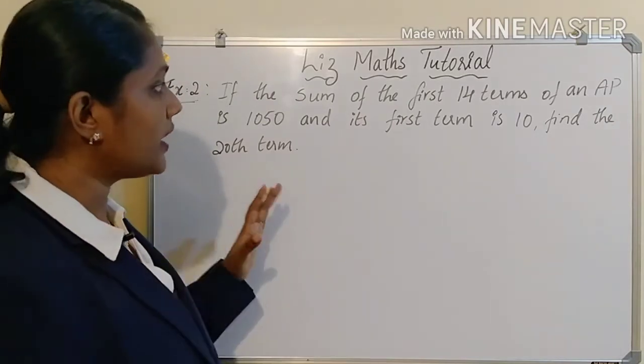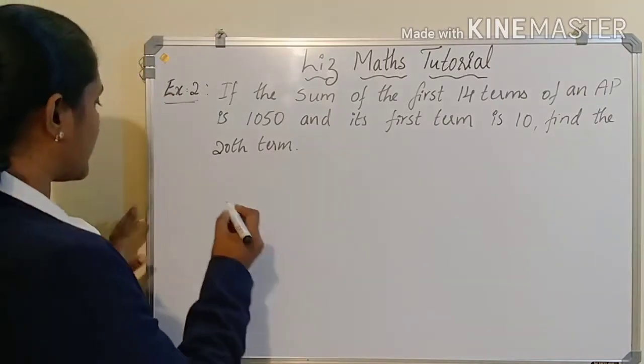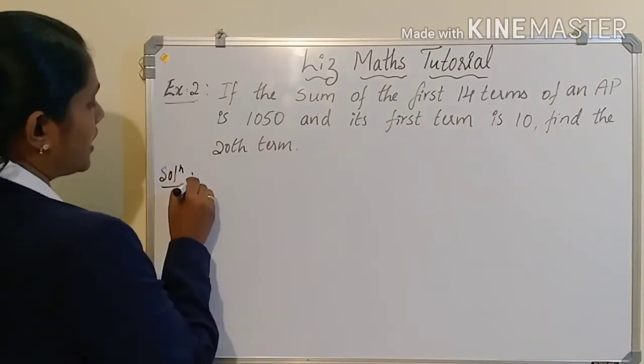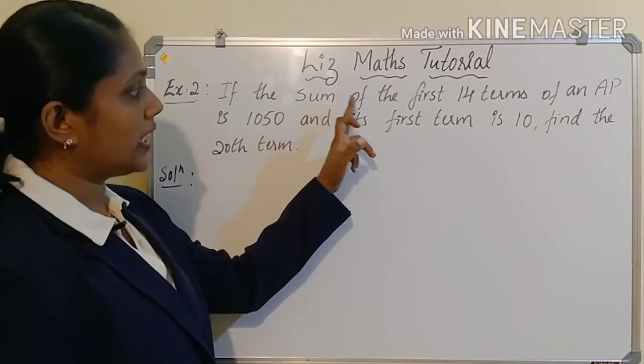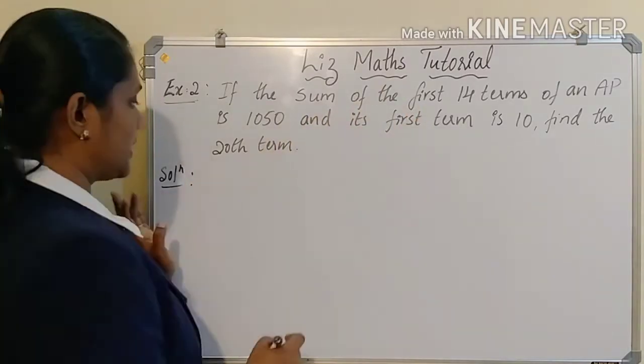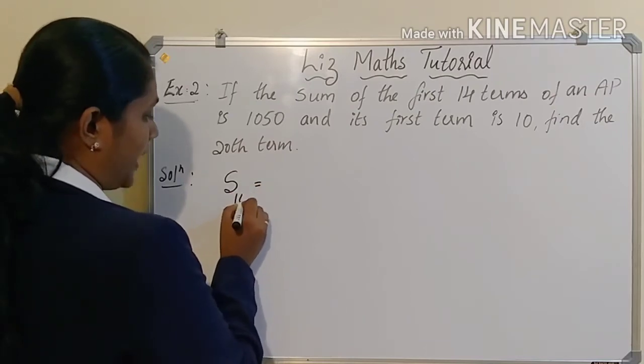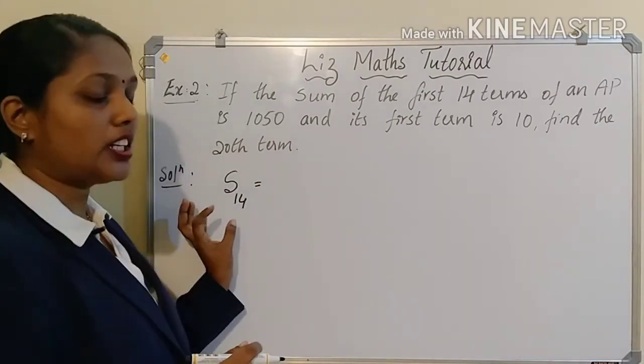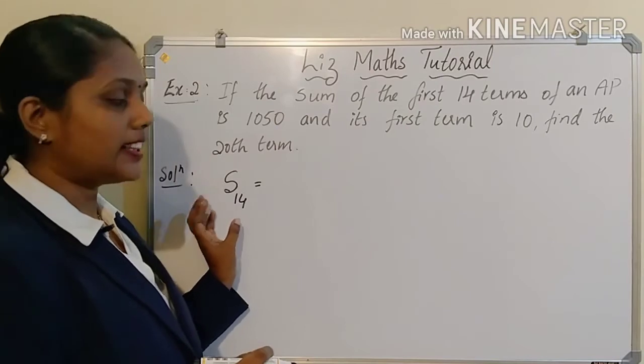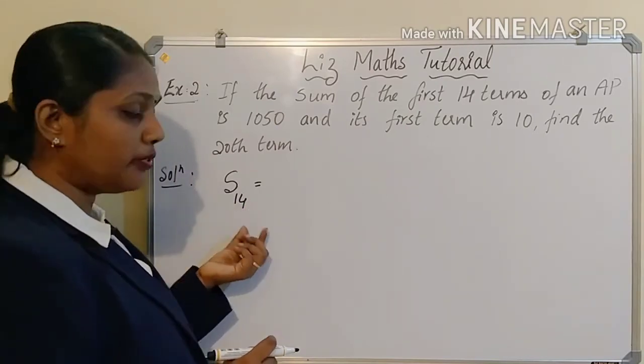See, first write what is given. Solution. See here, the sum of the first 14 terms is given, that is, here n is equal to 14.